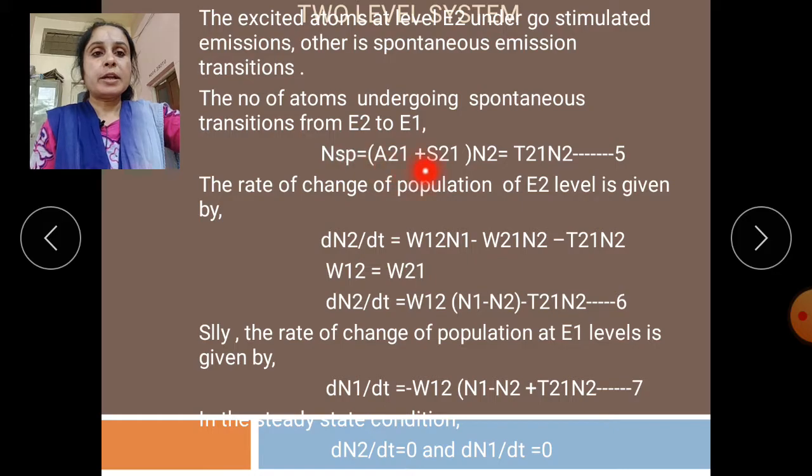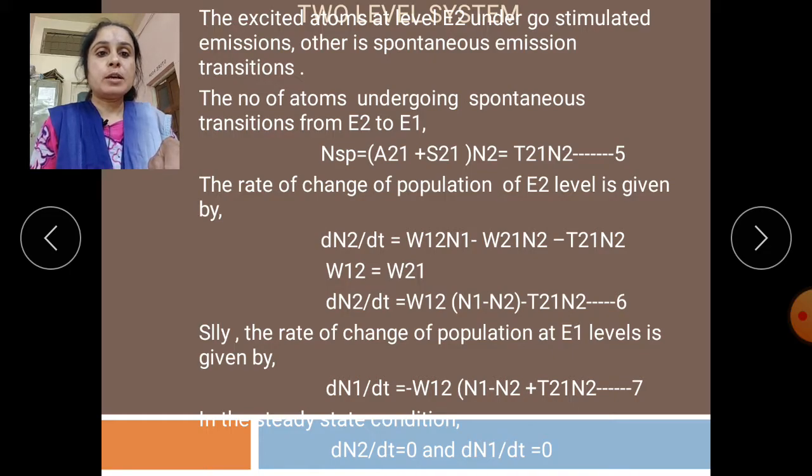N spontaneous is equal to (A21 + S21) N2, which is equal to T21 N2. This will be the rate of change of the population of the E2 level.